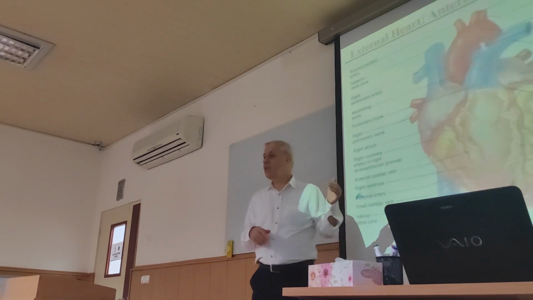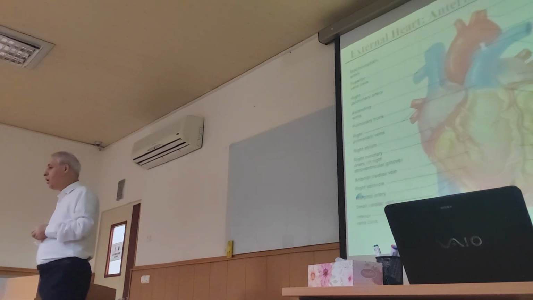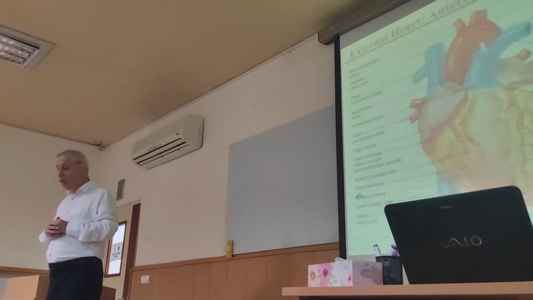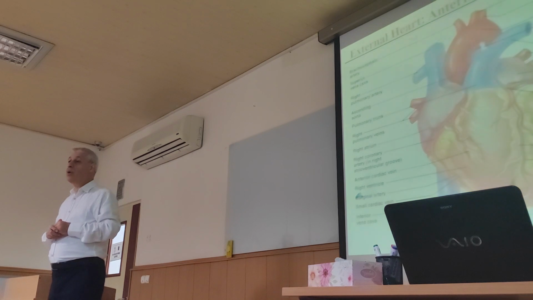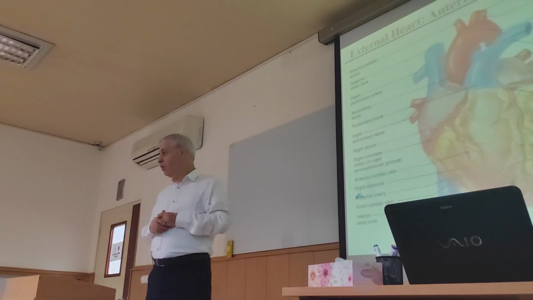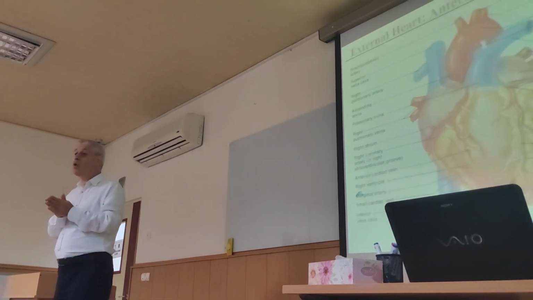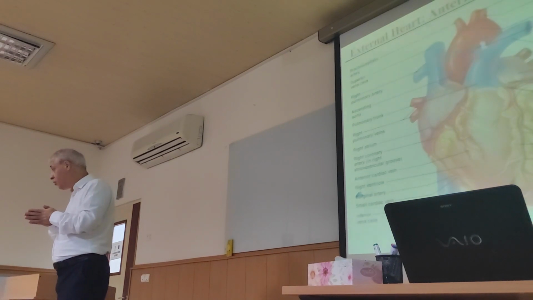So blood coming into the arteries, arterioles, which in their wall, in their opening to the tissue, have muscles that can control the amount of blood needed by the tissue.